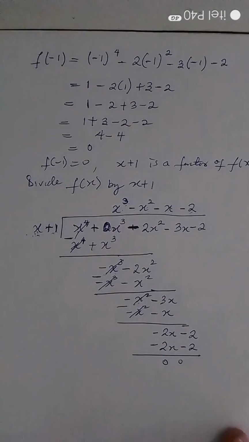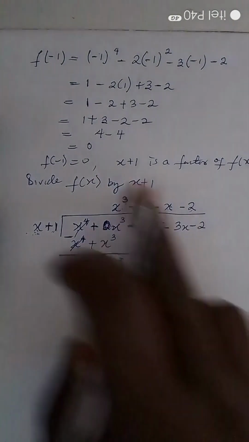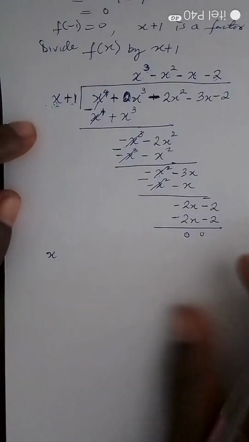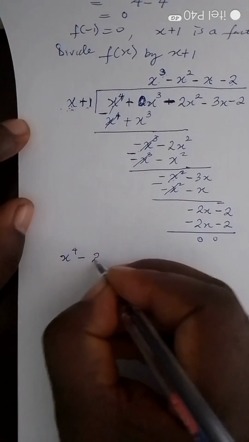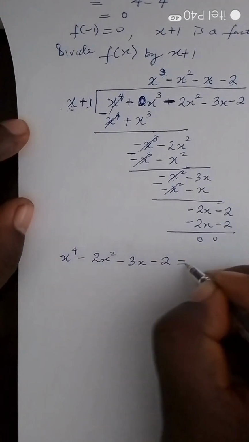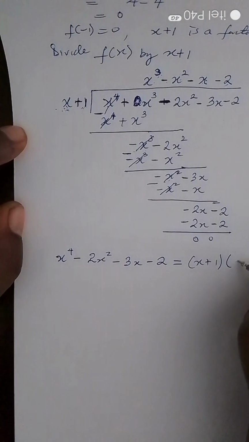So it means that when f of x is divided by x plus 1, the result will be x to the power of 4 minus 2x squared minus 3x minus 2. When divided, we factorize into x plus 1 bracket x cubed, minus x squared minus x minus 2.